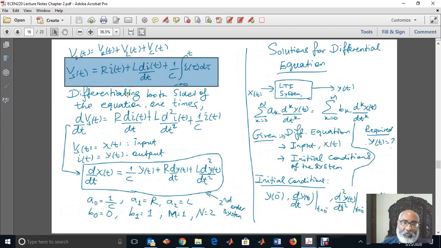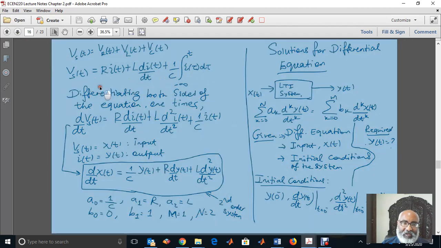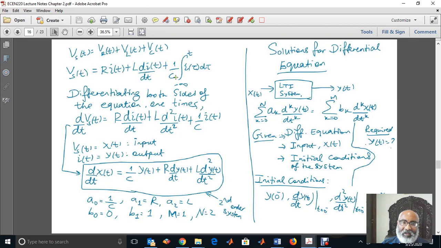Now to make it a pure differential equation, we can take one more derivative of both the left side and the right side. The left side will be dVs by dt, the right side R times dy by dt plus L times the second derivative of y, plus here the derivative will cancel the integration, and I will have i of t, so 1 over C i of t.